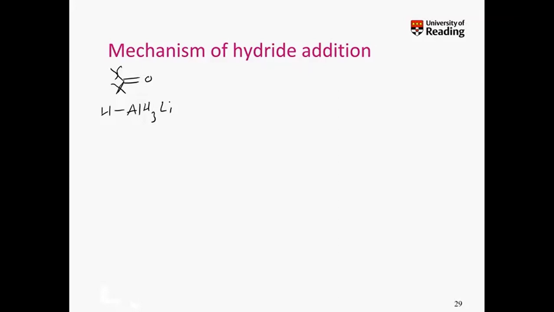So this kind of complex metal hydride actually provides us with a source of H minus. There are two electrons in this bond here, and both of those can be used as our nucleophile. And that happens really readily, which is why we would consider it to be a kind of charged nucleophile. We don't need to activate our carbonyl group for this to happen.